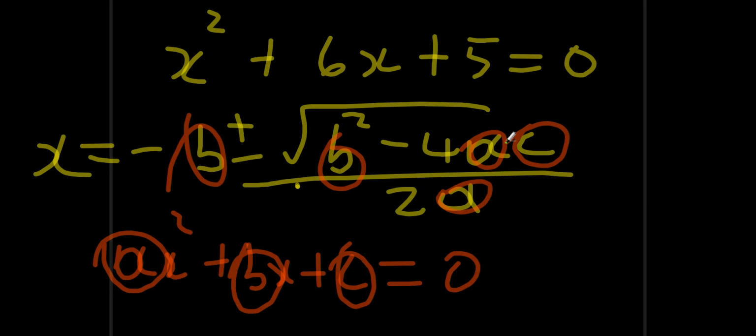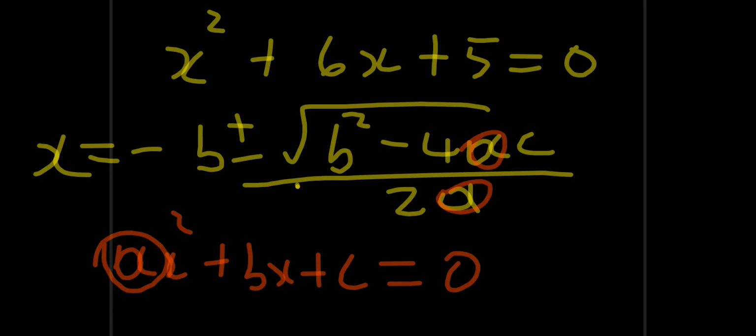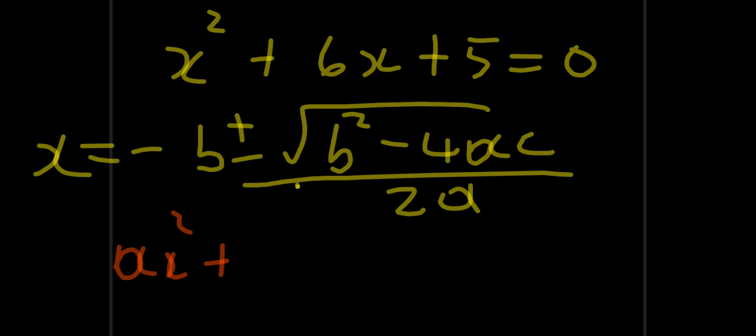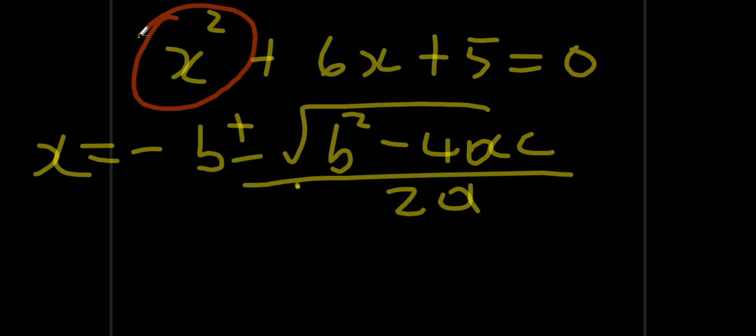So how do we substitute these values into the quadratic formula? The coefficient of x squared is 1, so that represents a. Anywhere we see a, we put 1.